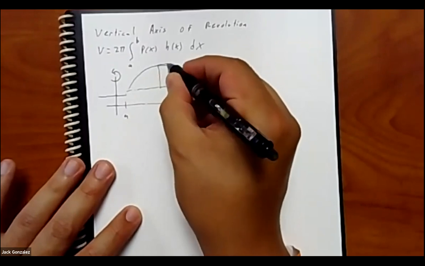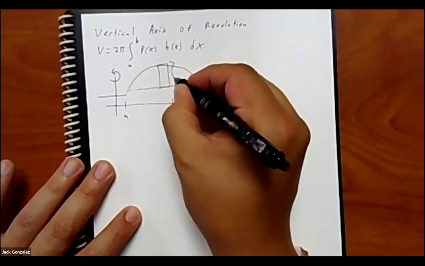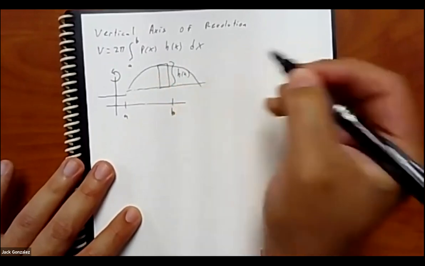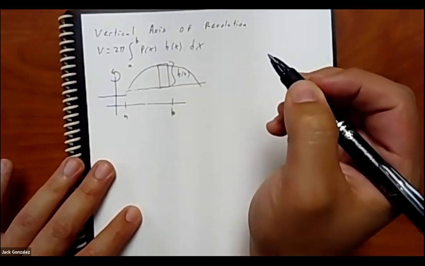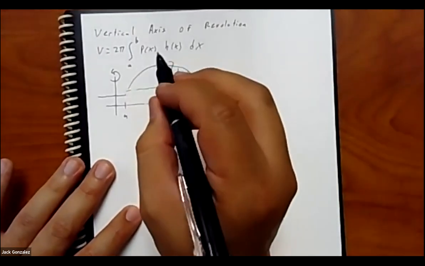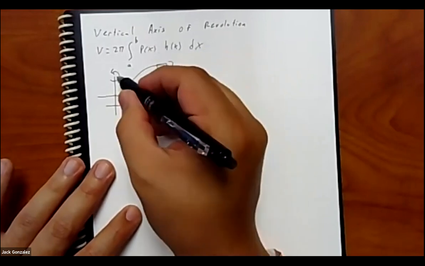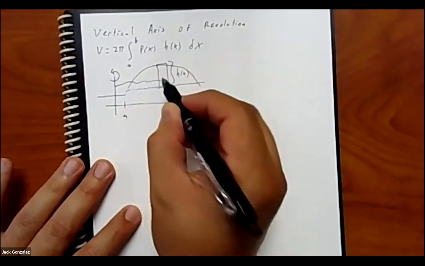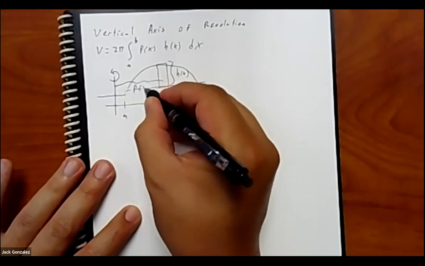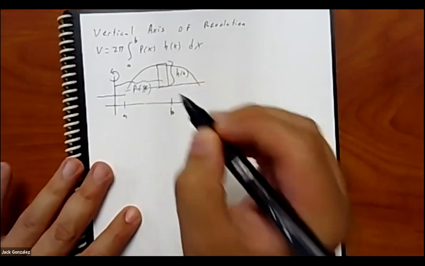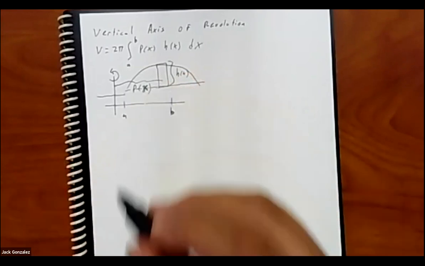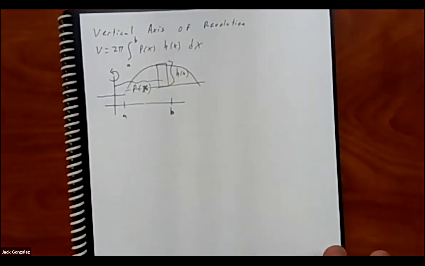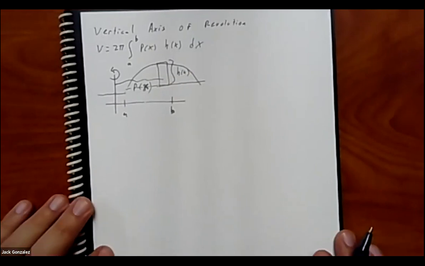So from here to here, that distance is h. And from the axis to the region, that's rho. Rho of x. Okay.